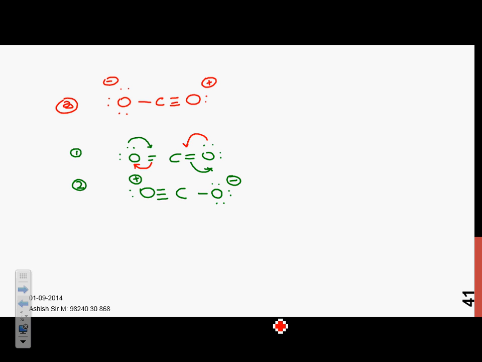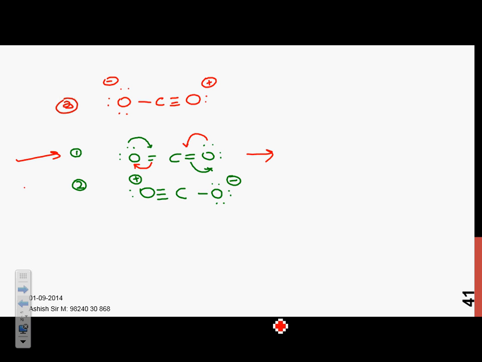So what have I explained? I have not explained what resonance is yet. I have not told you that. I just explained that one compound has three structures. Why three structures? Because sometimes you cannot explain all the properties of carbon dioxide with one structure.